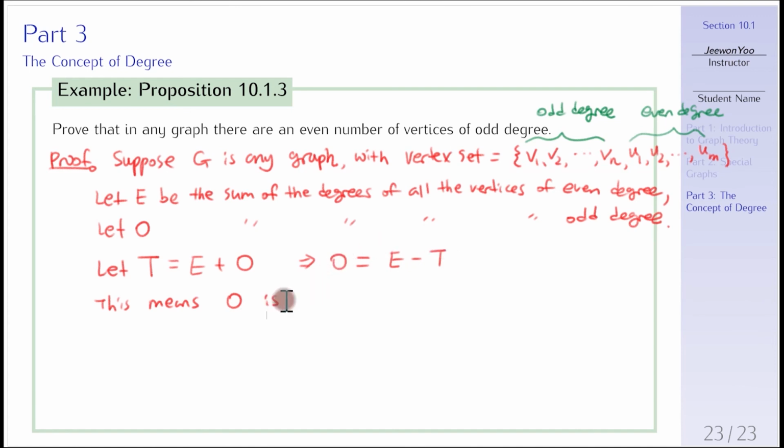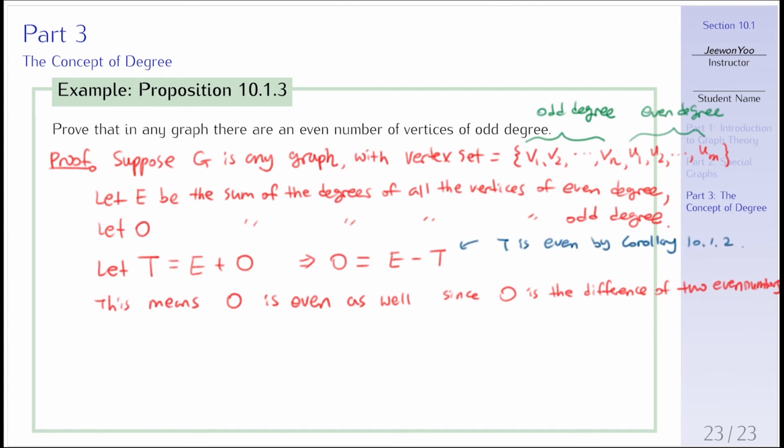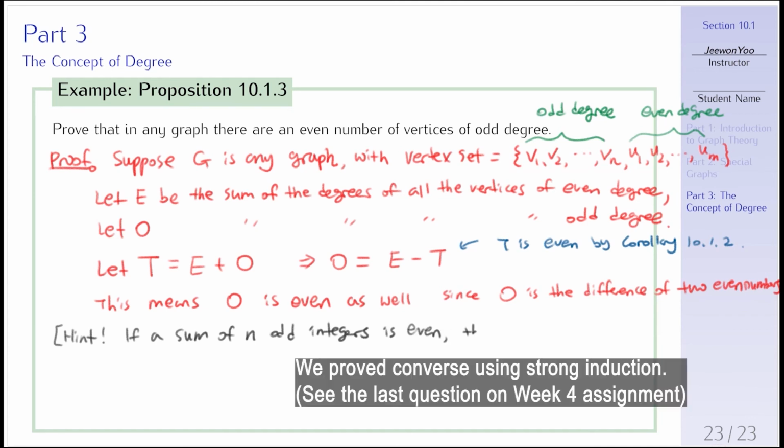So the number o is even as well. Let's not forget to write that t is even by Corollary 10.1.2. Please write this hint somewhere in your notes, and we're going to use this soon.